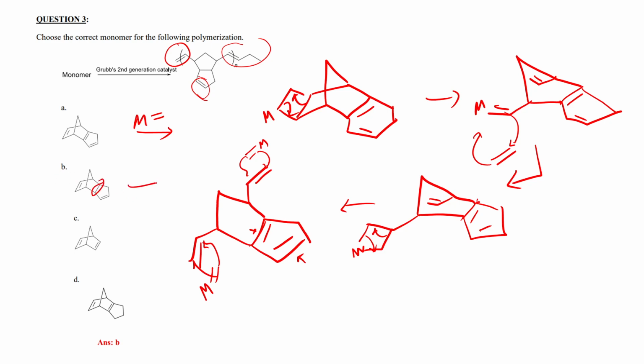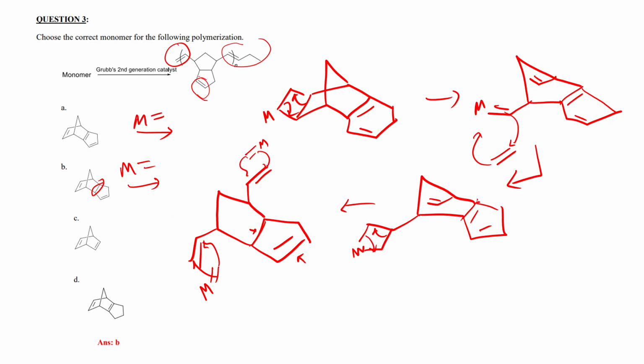So if we do the same reaction, the same path will be followed, and we're going to generate this kind of product. These two alkene units are not participating in this particular reaction, so they would be unaffected.